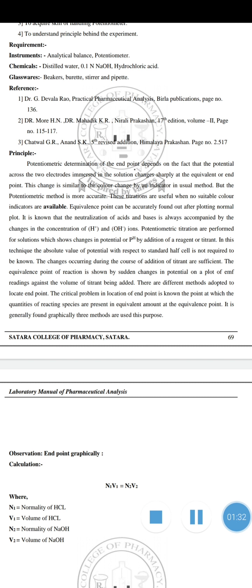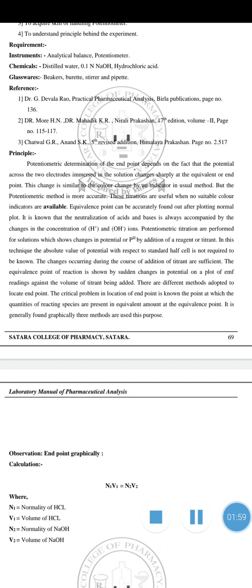An equivalence point can be accurately found out after plotting a graph. It is known that the neutralization of acid and base is always accompanied by a change in the concentration of hydrogen and hydroxide ions. Potentiometric titrations are performed with solutions which show changes in potential or pH on addition of a reagent or titrant.